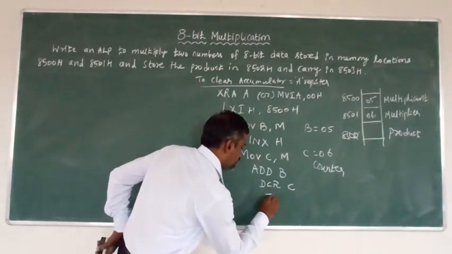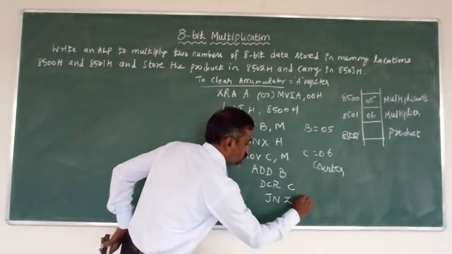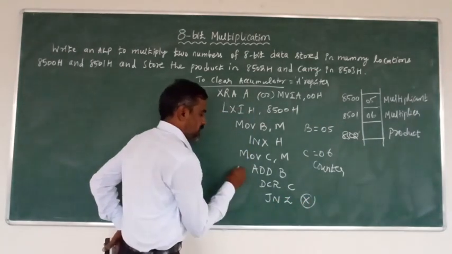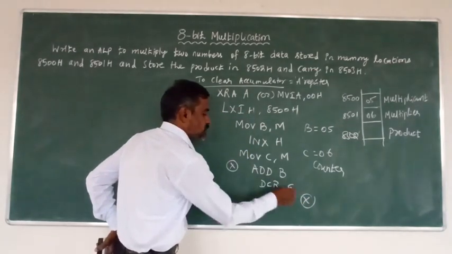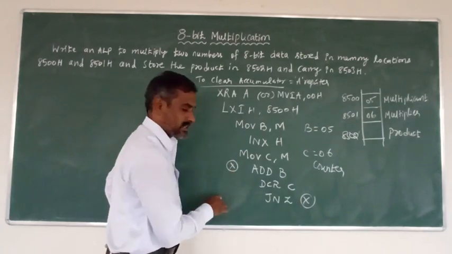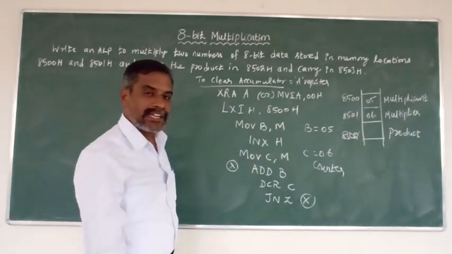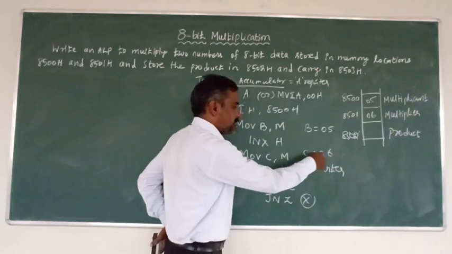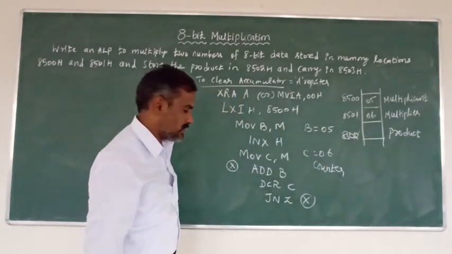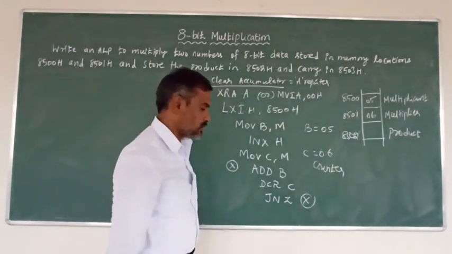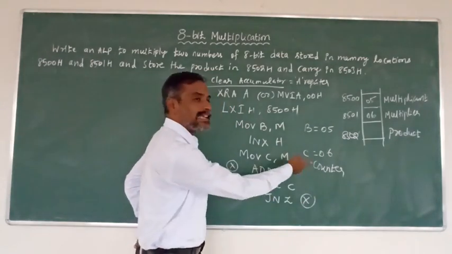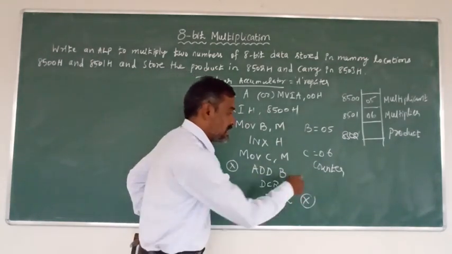Now to check if the result is not 0. Not 0 means jump to this address location. Again add the accumulator with the B register. Again decrement C. Now C equals 04. Now to check whether it is 0 or not. Not 0 means again jump to here and add with the B register till the C register is 0.